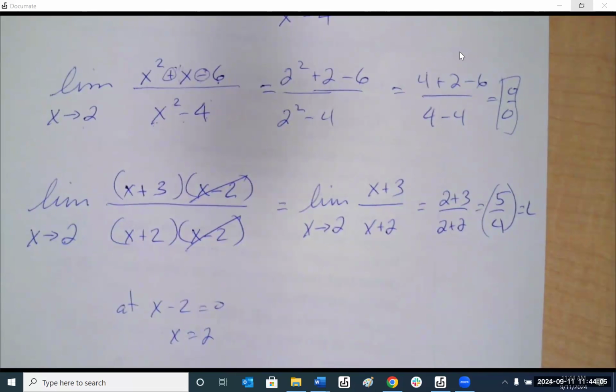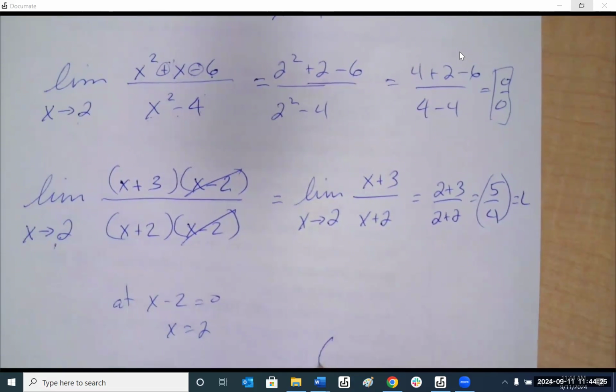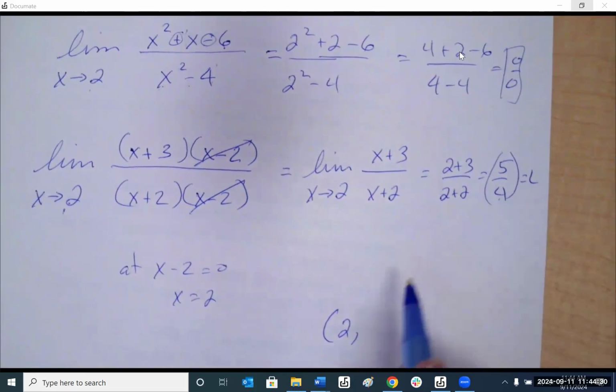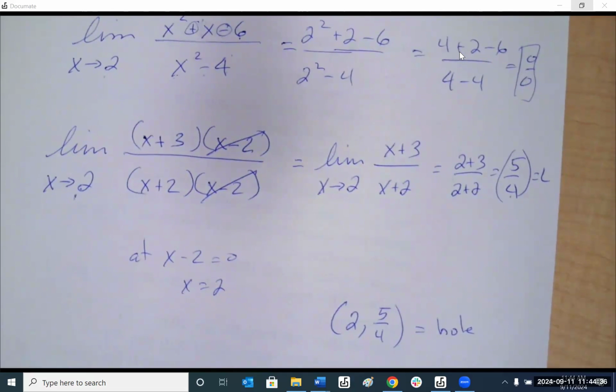But it's a point. I need an x and y component. Where does the function not exist? At what value of x? At x equals 2. So that's my x value. The limit point is going to be my y value. So that is my hole. That's the location of my hole in my graph.